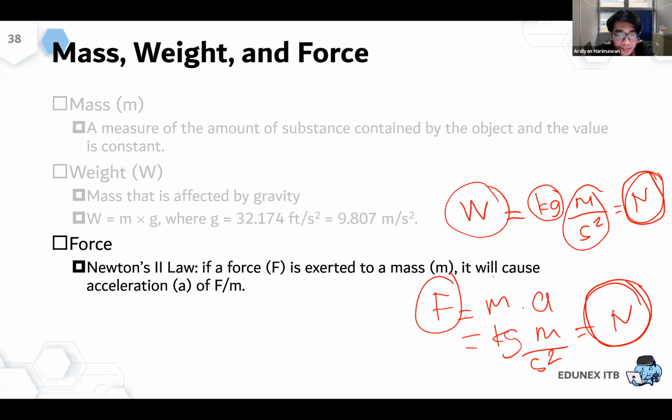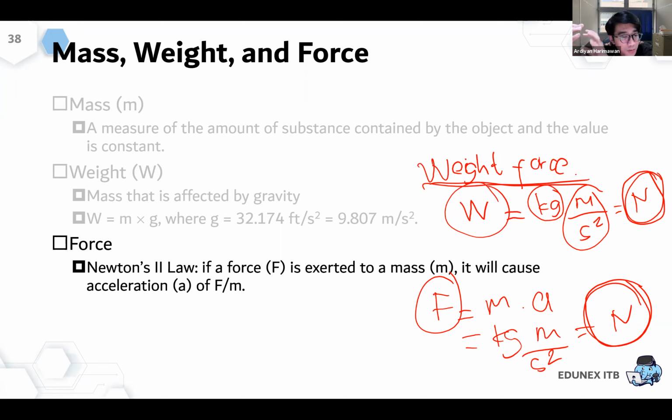Yeah, you may get the concept right. So weight actually is a special type of force, a weight force. It's a force that influences the mass of a body that is influenced by the gravity acceleration.